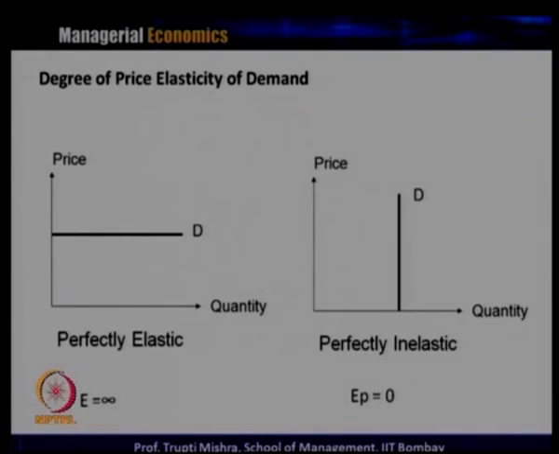It means quantity is changing even if the price remains fixed or changes very slightly. That leads to a situation of perfectly elastic demand, where elasticity takes the value of infinite.